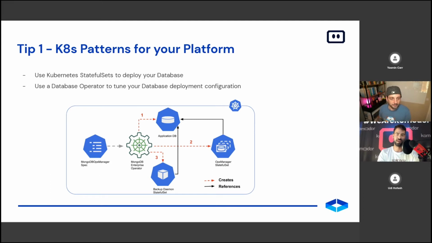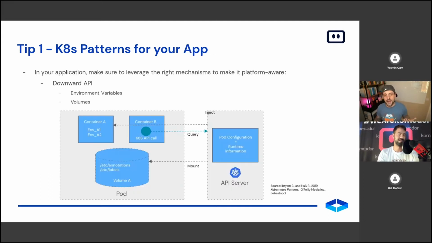Don't do it yourself. Now the counterpart of that, that's for the platform. For the app, of course, you want to make the app aware of where it's running. So it's running inside Kubernetes, which means that it can leverage different benefits.